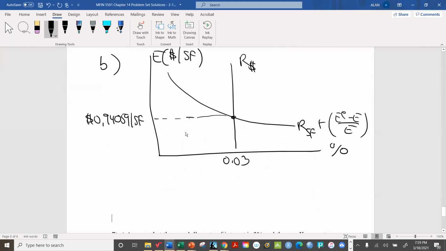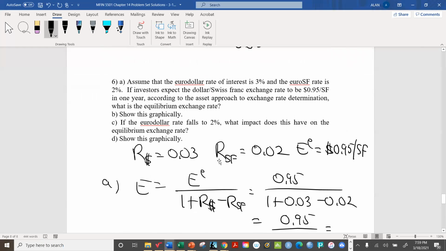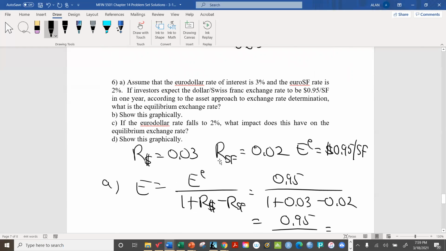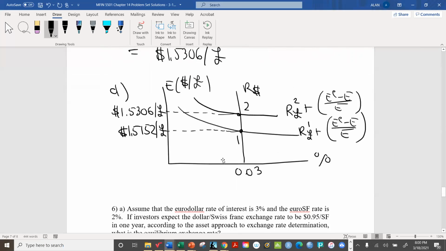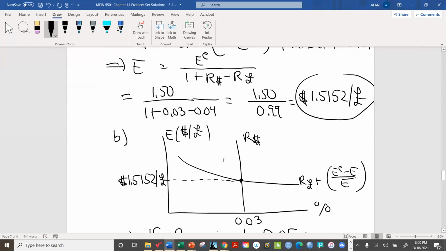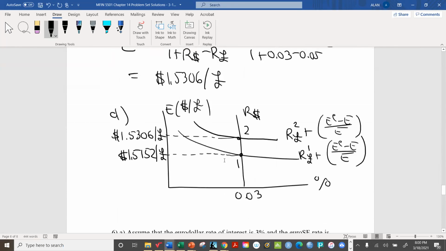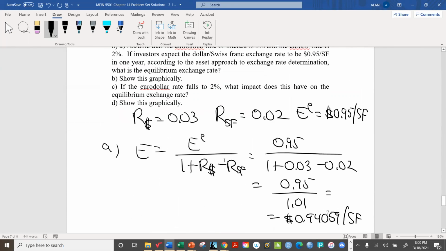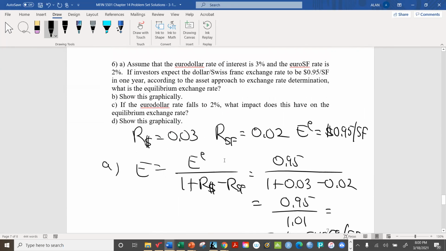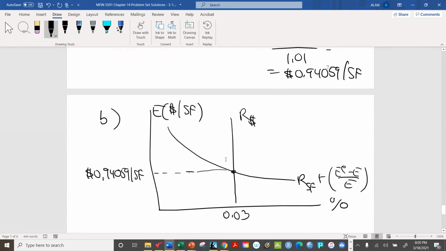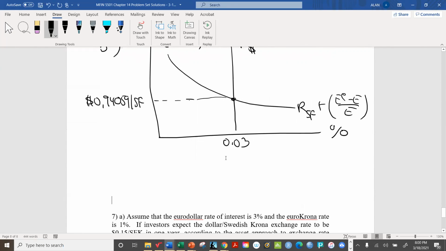Now in part C, they're telling us that the euro dollar rate falls to 2%. All right, so the previous time it was the euro sterling rate. Now it's euro dollars. US rate dropped. All right, so the new euro dollar rate is 2%, but the rest haven't changed.